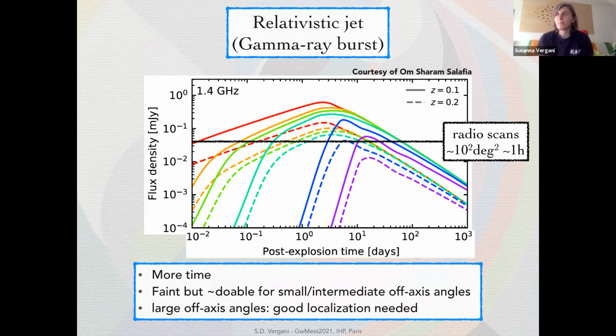I don't know if it was last year or a couple of years ago. They were focused on gamma ray bursts, not on gravitational wave events, but you can see some details of the surveys in this result. And so this is, to my knowledge, the best we have to scan large parts of the sky in the radio pretty quickly.